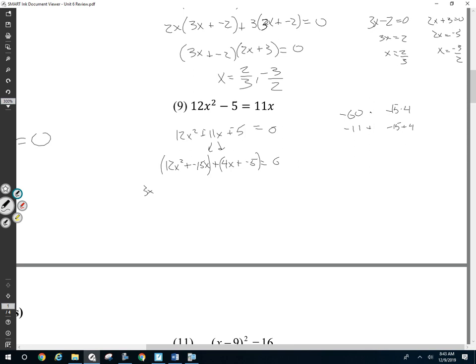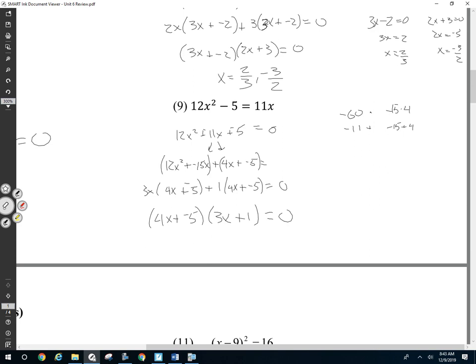At most a 3 and an x, giving me 4x plus negative 5. I see this is 4x plus negative 5 already. Make sure you know that a 1 can be pulled out of the second group. So you'll have 4x plus negative 5 and then 3x plus 1, not just 3x.